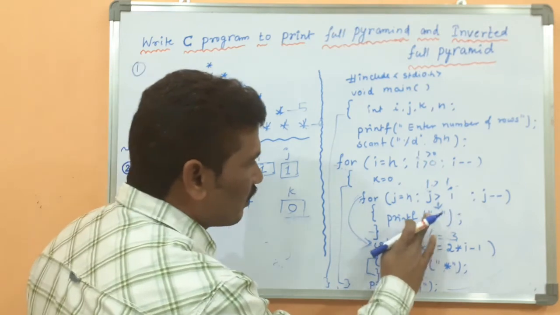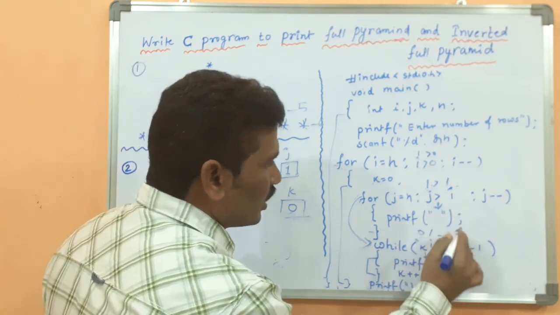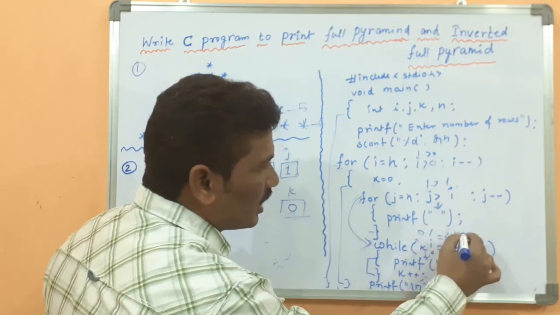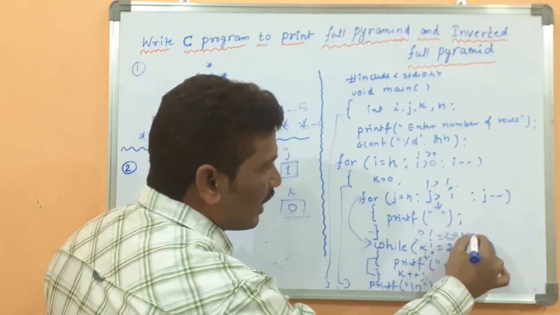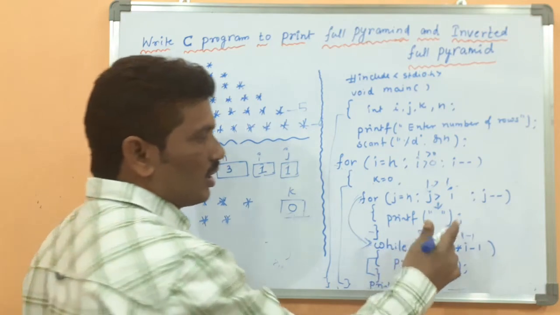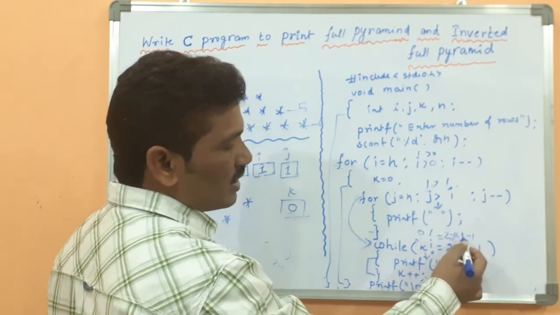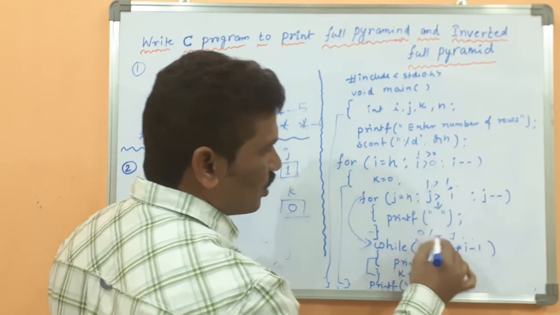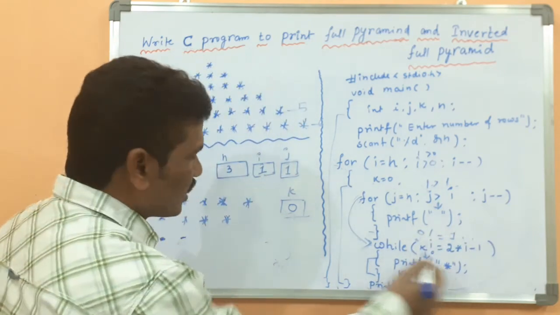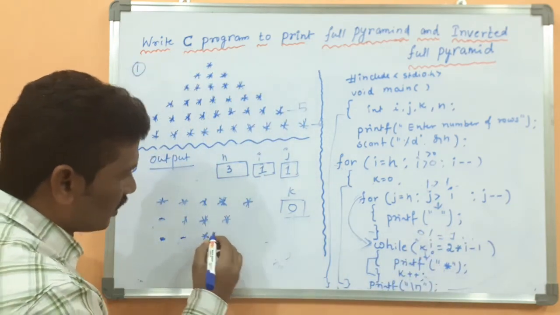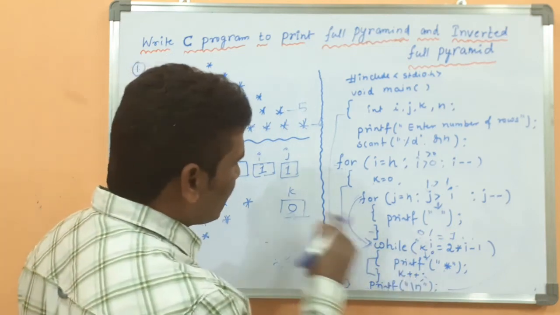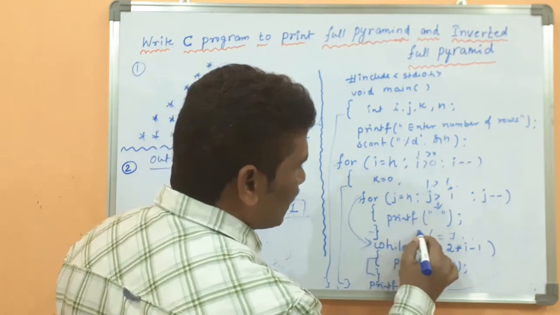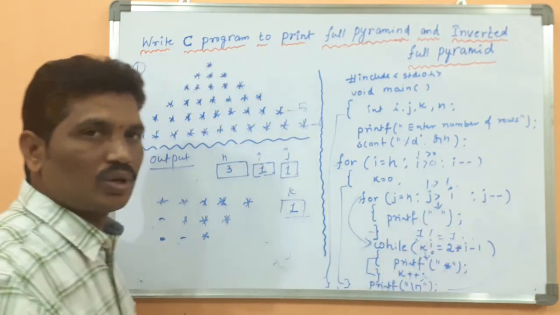Then k value should be what? 0. Then 2 multiplied by I, I value is what? 1. 2 times I minus 1, because 2 ones are 2 minus 1 returns only 1. 0 not equal to 1, the condition is true. Then a star should be displayed over here. Then k value is incremented by 1. K value becomes 1. 1 less than or equal to 1, the condition is true or false?